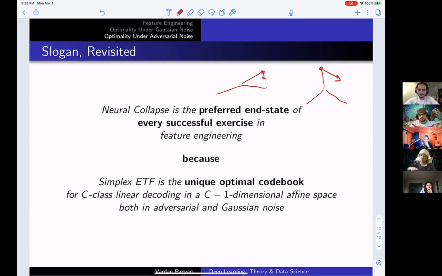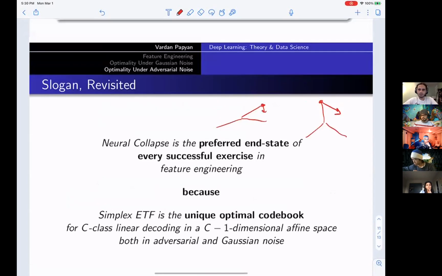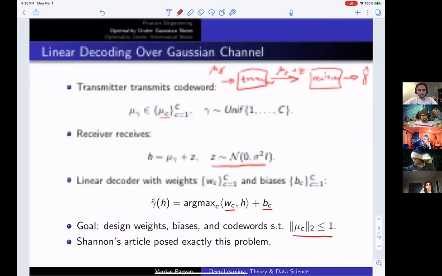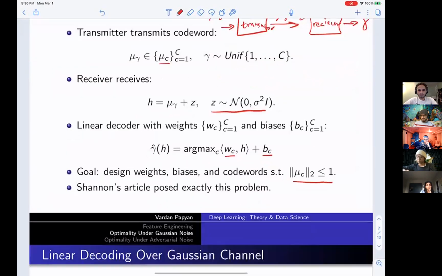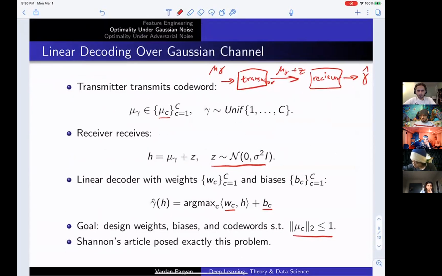So with that in mind, doesn't it make perfect sense to assume that your variation is tending to 0? Because the reason why you might assume, where is this? Here. This thing is measuring the variation of the features around the class means.